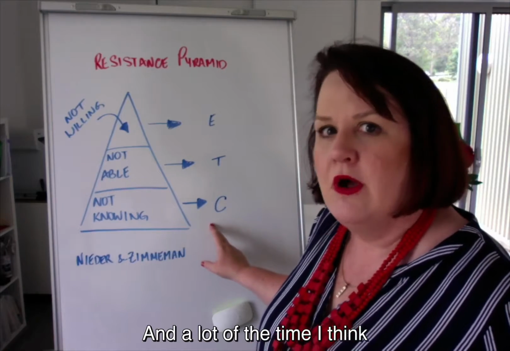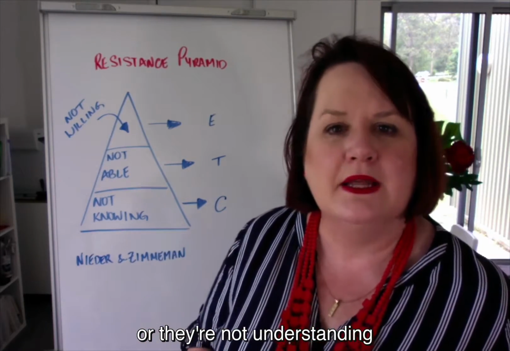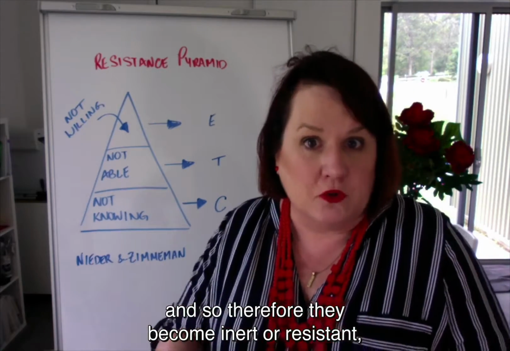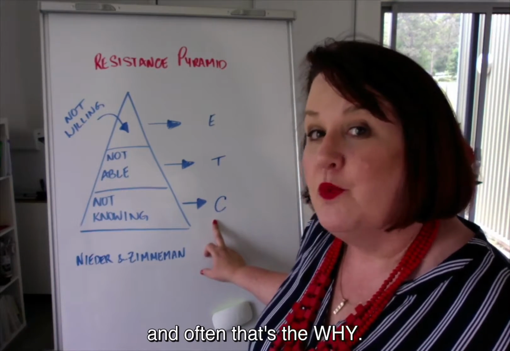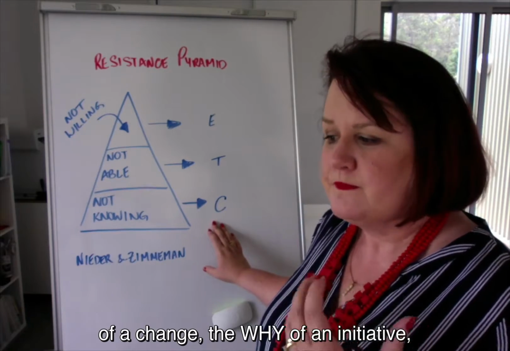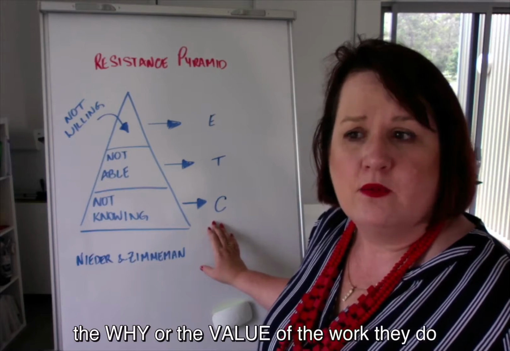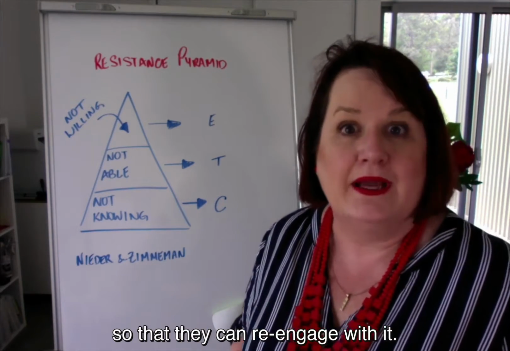A lot of the time, when people are not knowing what's going on, or not understanding what's going on around them, and therefore they become inert or resistant, then we need to be communicating more. Often that's the why. We don't communicate enough of the why of a change, the why of an initiative, the why of a project, the why of the value of the work they do, so that they can re-engage with it.